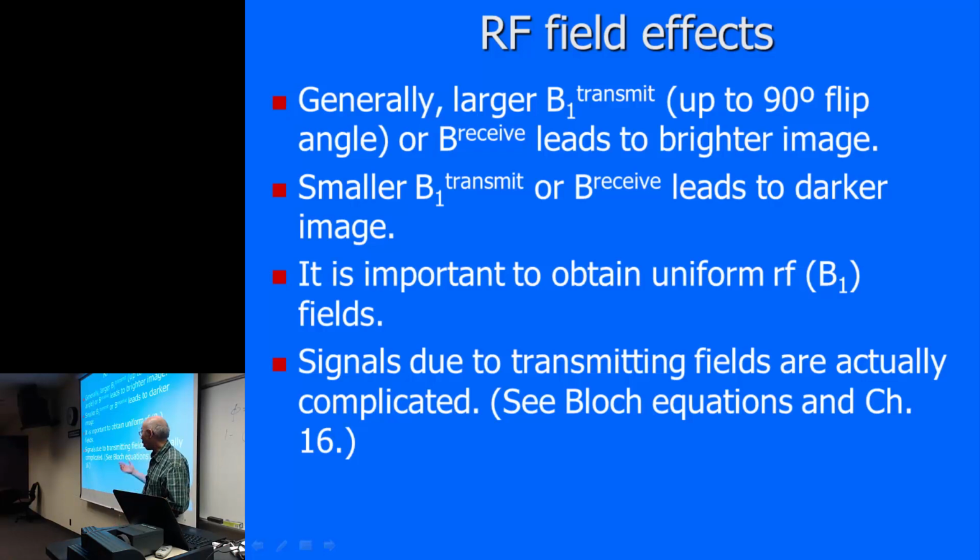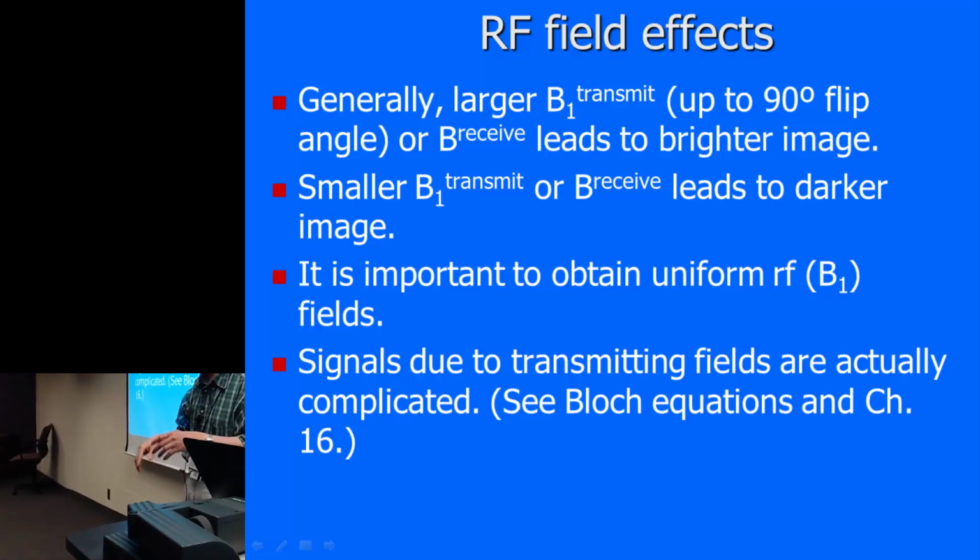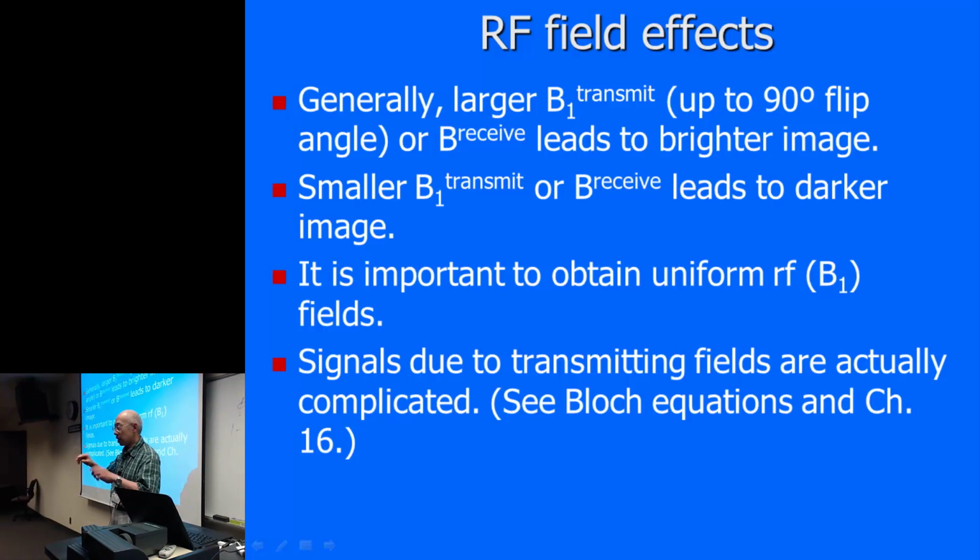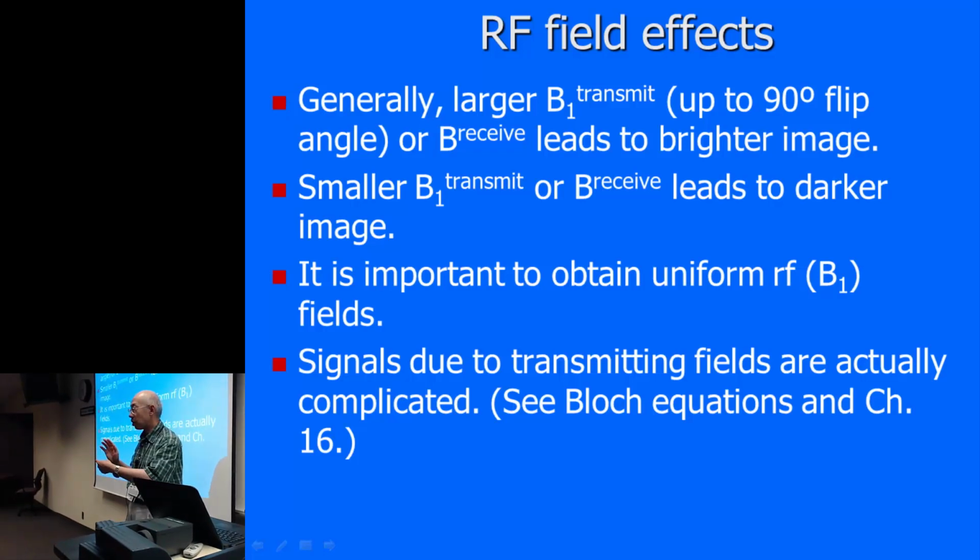The next thing is that it's important to obtain a uniform B1 field. Why is that? For the first two remarks, just think about the transmitting field. Let's say I have this RF coil and I apply this B1 field, but at this location these 5 spins will be flipped by 90 degrees onto the transverse plane, while at this location the other 5 spins will be flipped by, let's say, 60 degrees.